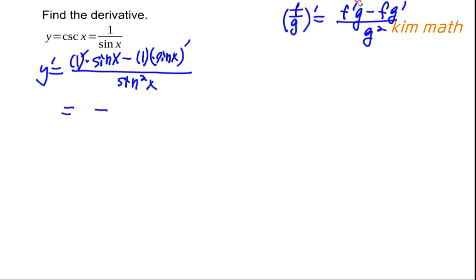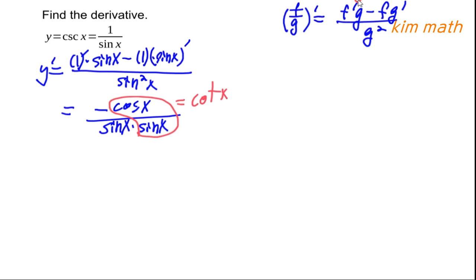Now the derivative of 1 is 0, so you have only negative. The derivative of sine is cosine, so cosine x over, now I will write the sine squared of x as sine of x times sine of x. True, right? Good. Now what is this? This is the cotangent x.